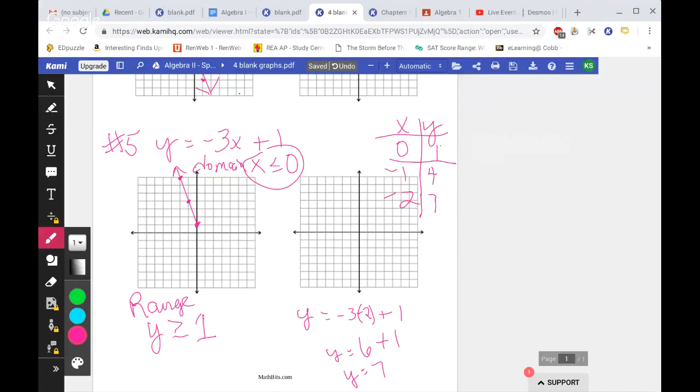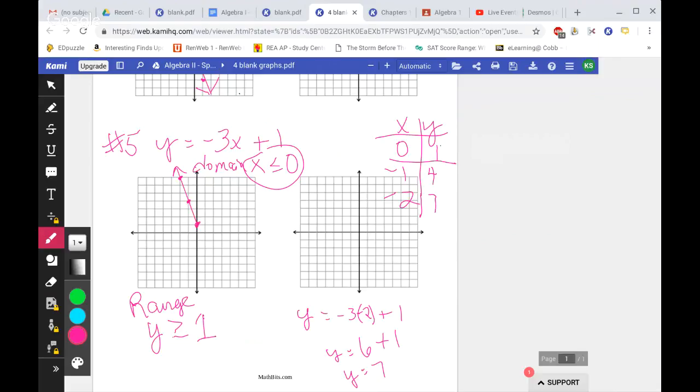So it asked us a couple things. It said to graph the function with a domain of x less than or equal to 0, and then identify the range. The first thing we learned is that when they limit the domain out of the gate, you have to make sure that your x and y table includes only the values that fit within that domain, which we did. That was 0, negative 1, negative 2.